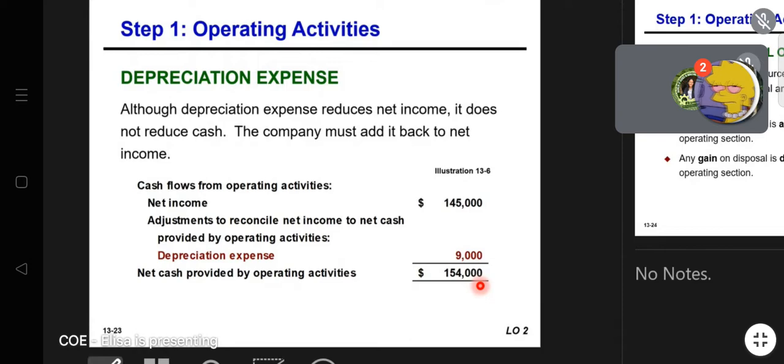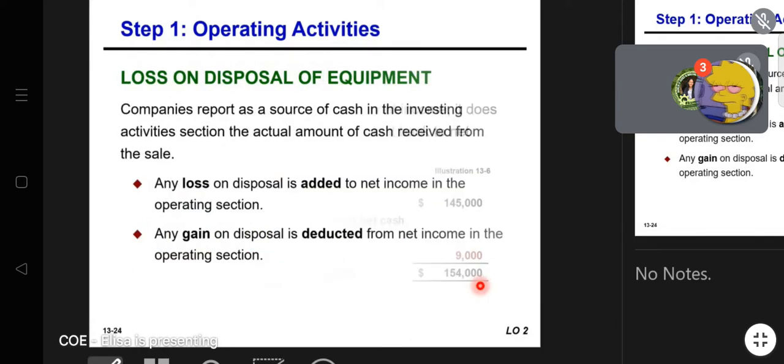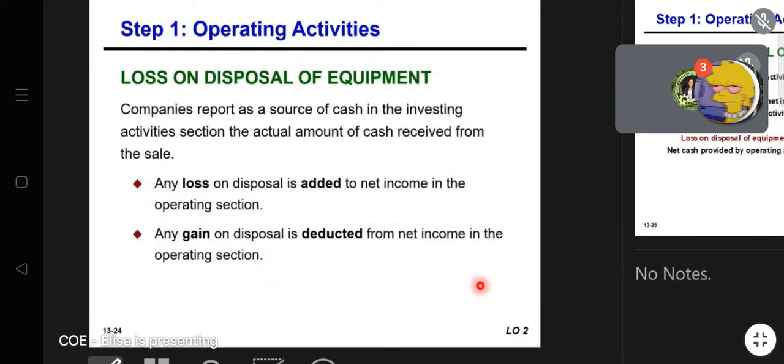That's just one item in the list. 154. So next is loss on disposal of equipment. Remember, it is 3,000, as reported. Why do we reconcile it as part of the reconciling items?